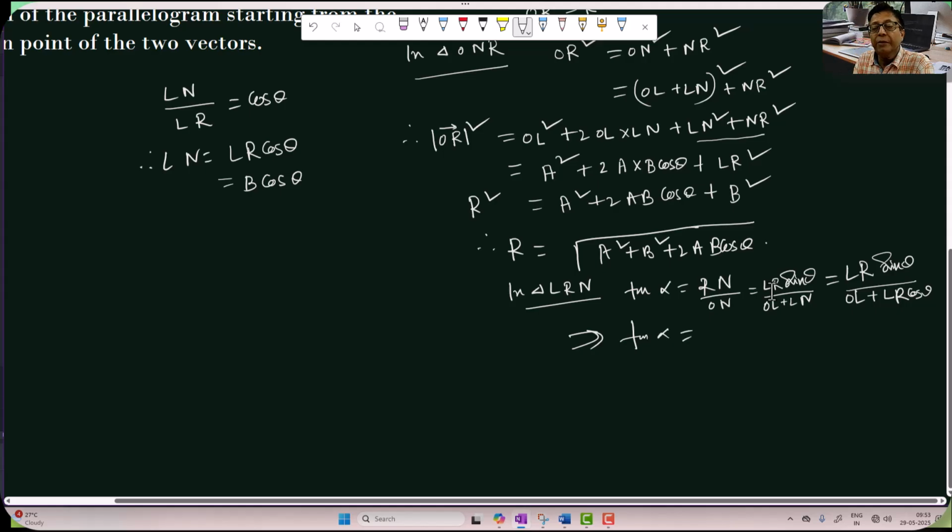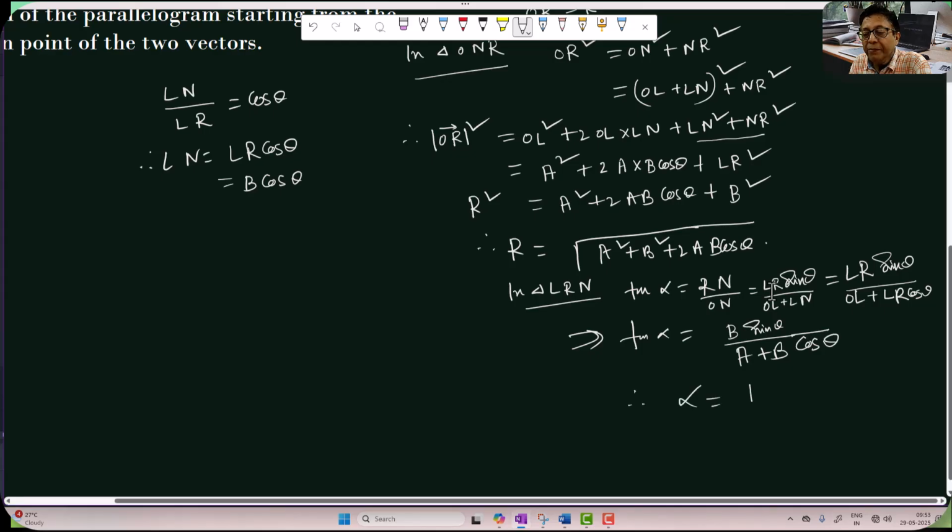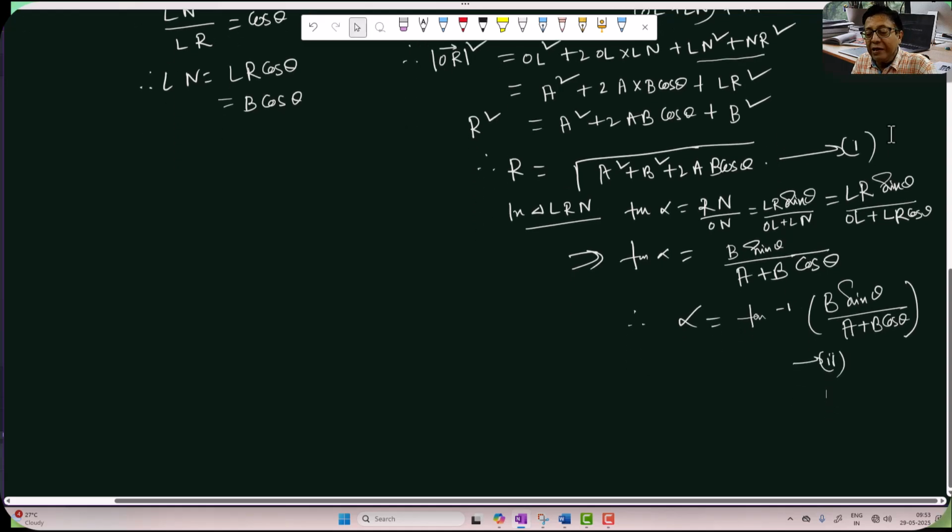So on simplification, by putting their values, tan alpha going to be LR, that is B sin theta by A plus B cos theta, or alpha equal to tan inverse B sin theta by A plus B cos theta. So you got resultant formula here, you got angle formula over there.